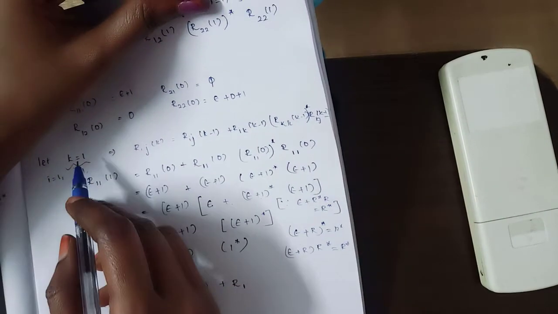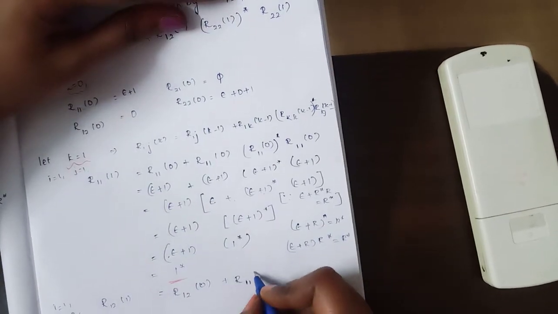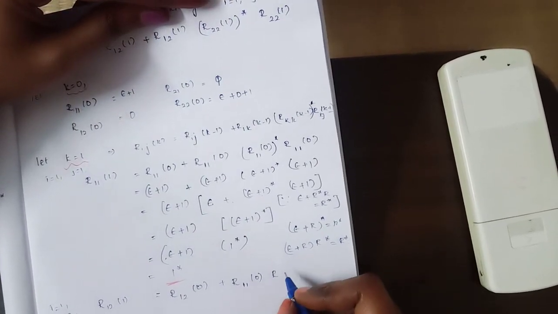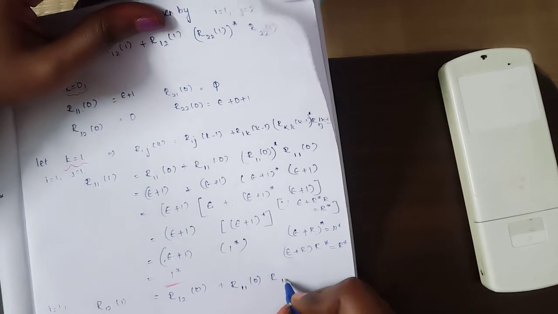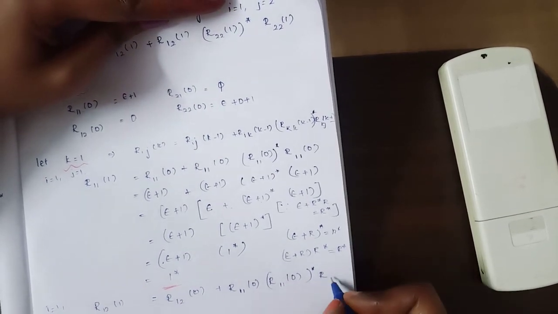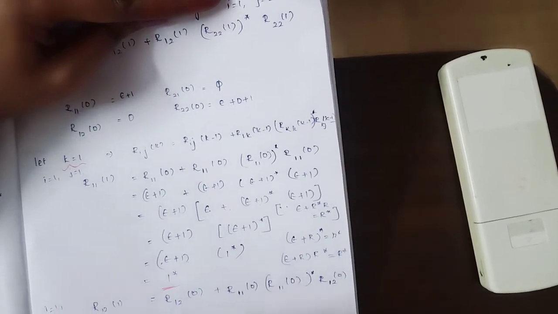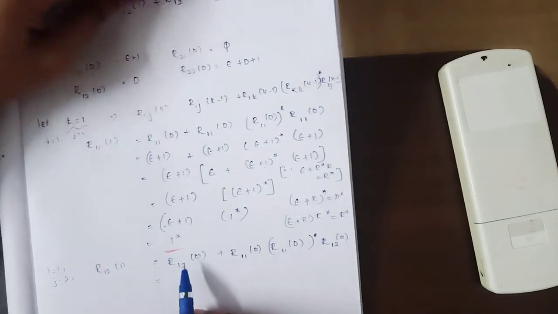For the step of k equal to 1, we will solve this, right? So R_ik of 0, then R_kk, so R11 of 0 the whole closure, and R_kj. So k value is 1 and j value is 2.